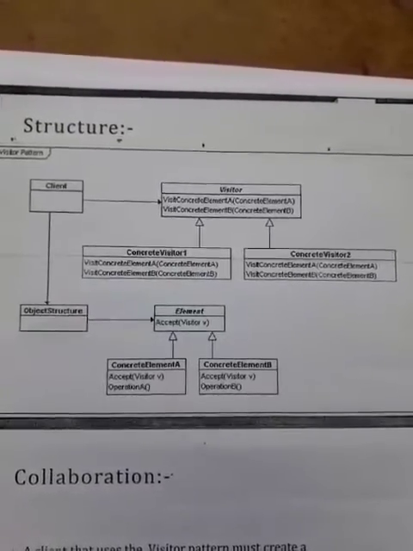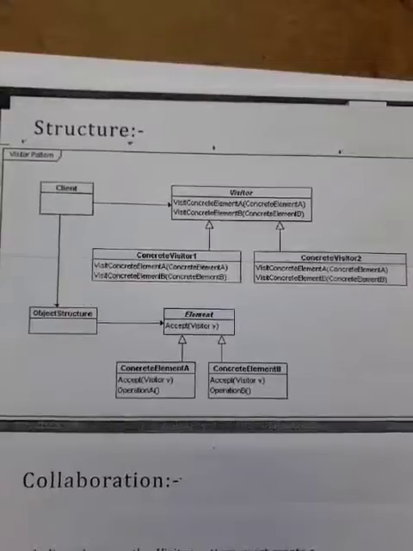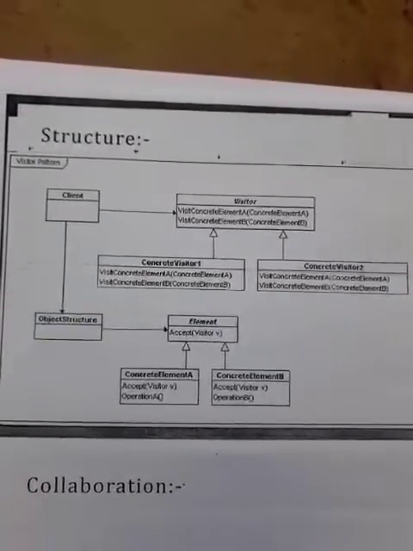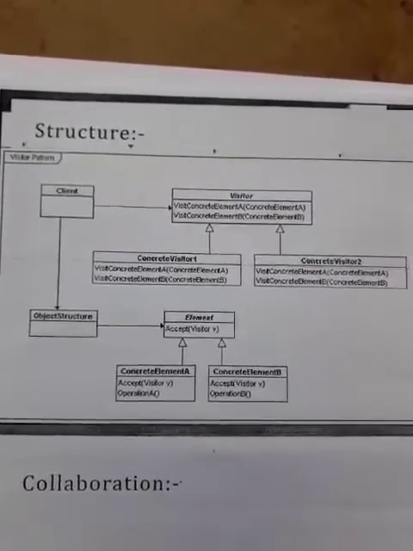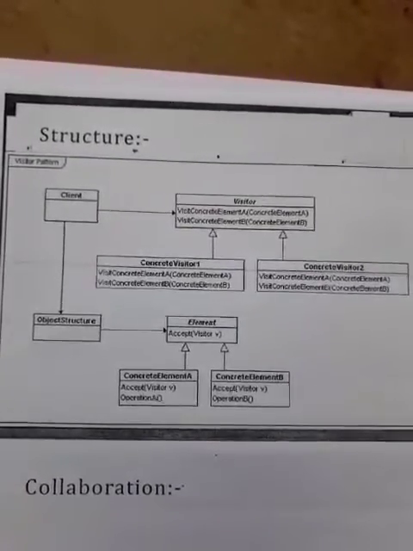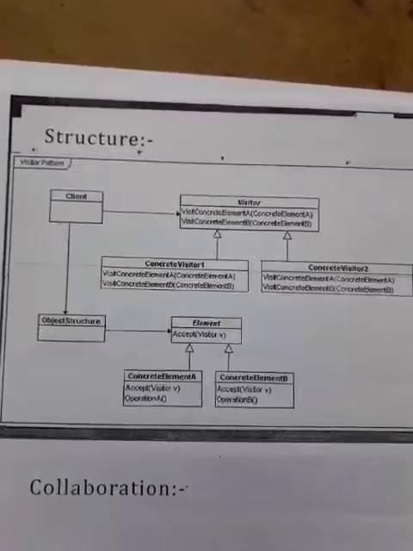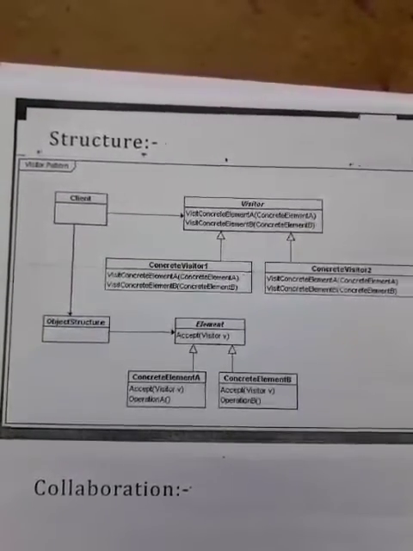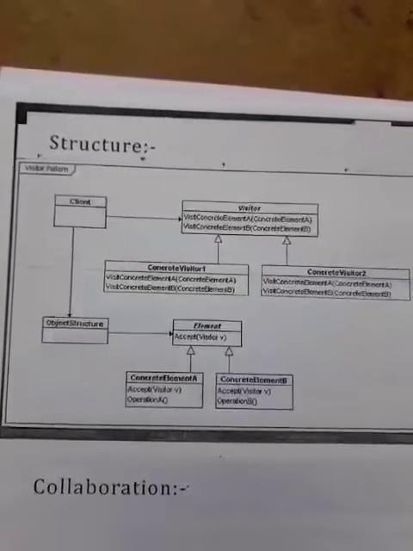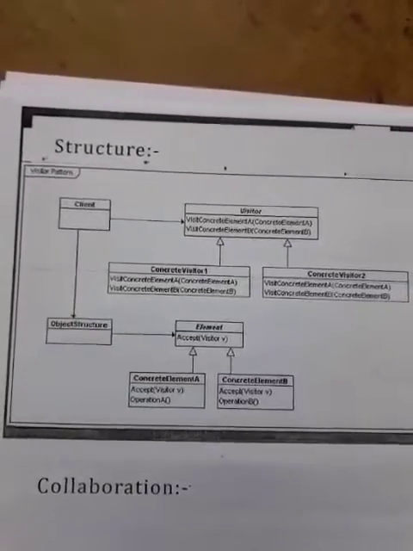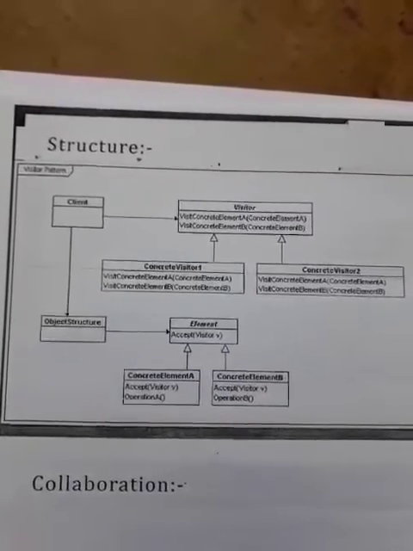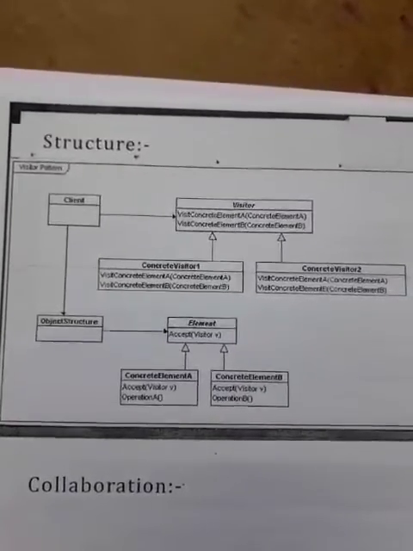So we can see the visitor interface has two abstract methods: visit concrete element A and visit concrete element B. Visit concrete element A will visit concrete element A and perform some operations, and in the same way visit concrete element B will visit concrete element B and perform some operations.